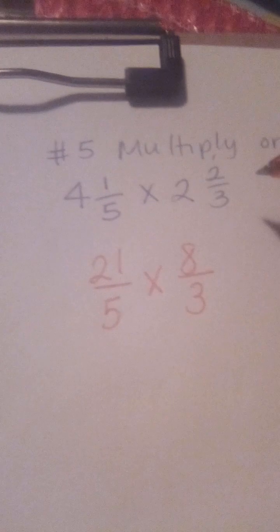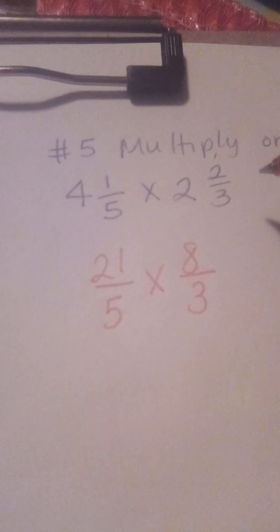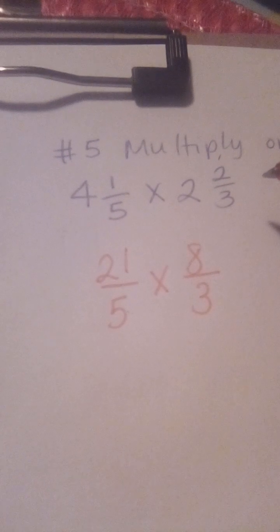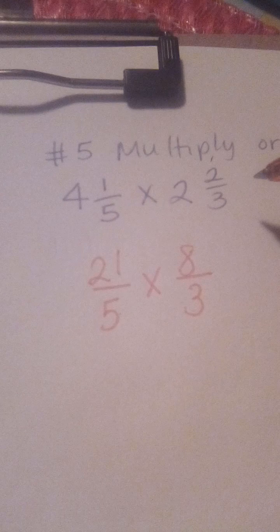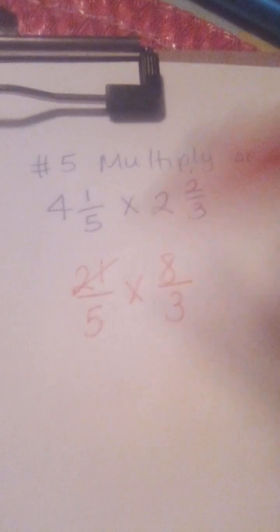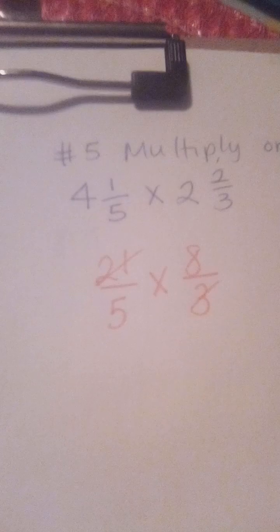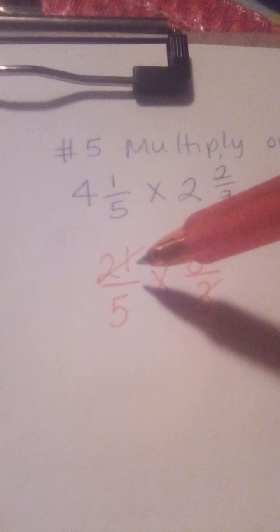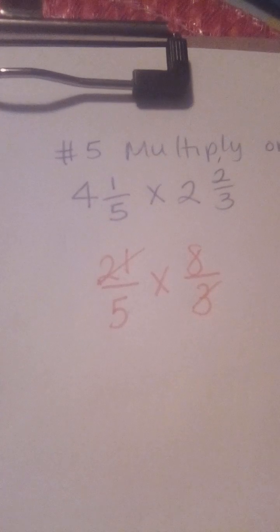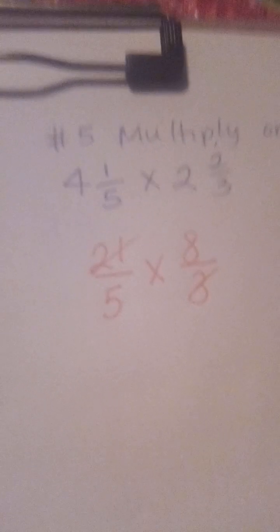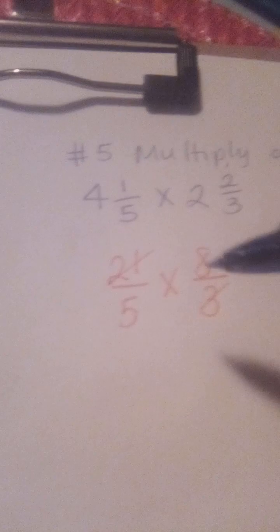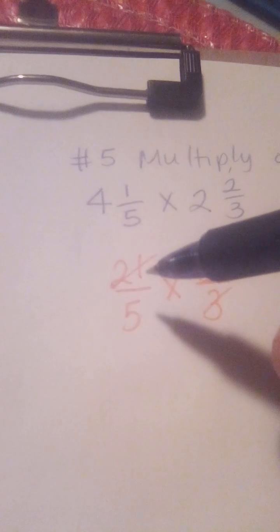Okay, question. Are there any numbers that we can reduce right off the bat? The 21 and the 3. Very good. What number would divide these two numbers to make them reduced? 3. 21 divided by 3 gives us 7.